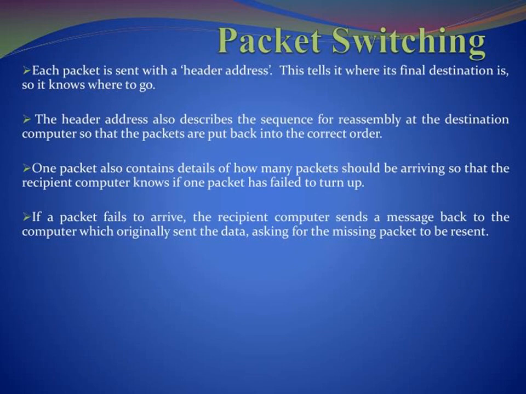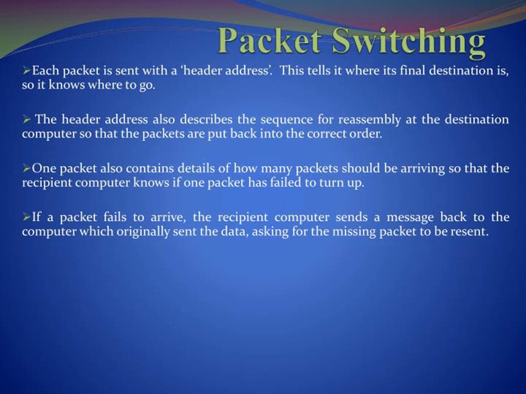Packet switching. Each packet is sent with a header address. It tells where its final destination is so that it knows where to go. The header address also describes the sequence of reassembly at the destination computer so that the packets are put back into the correct order.